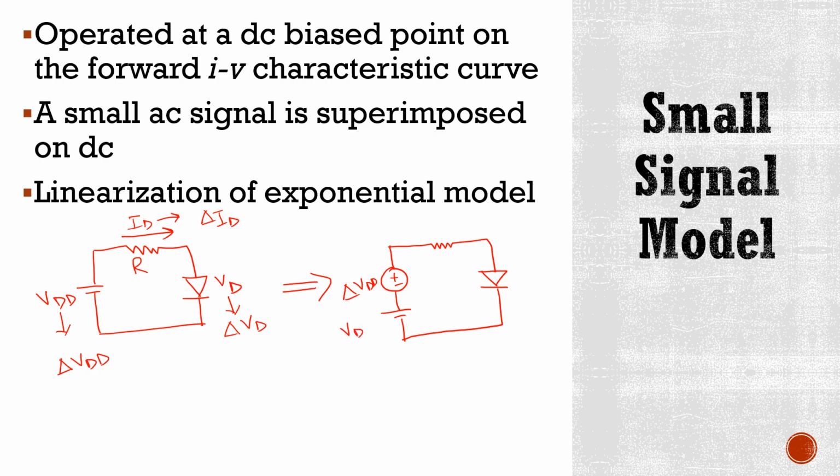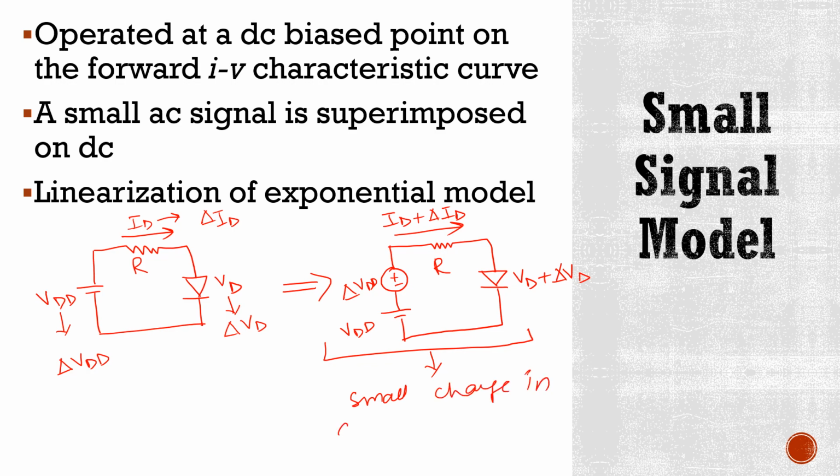This is VDD, this is R. Now the current is ID plus delta ID and the voltage is VD plus delta VD. So this circuit is representing a small change in quantities like VDD, ID and VD.